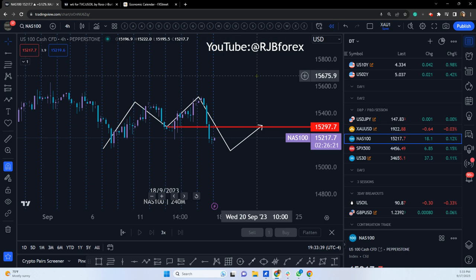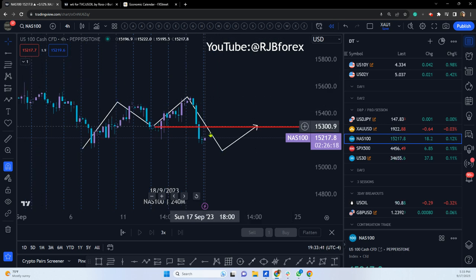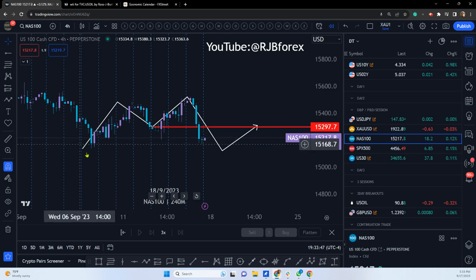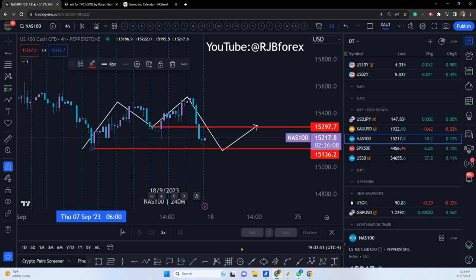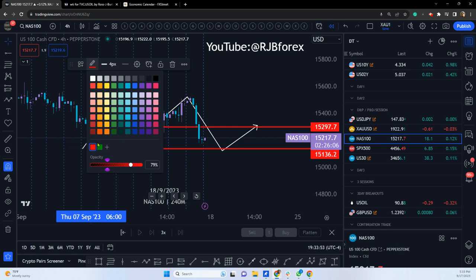Not really much to go on with this. This is the 4 hour chart now, so are we meeting support by the looks of things? Prospects of a bullish correction.